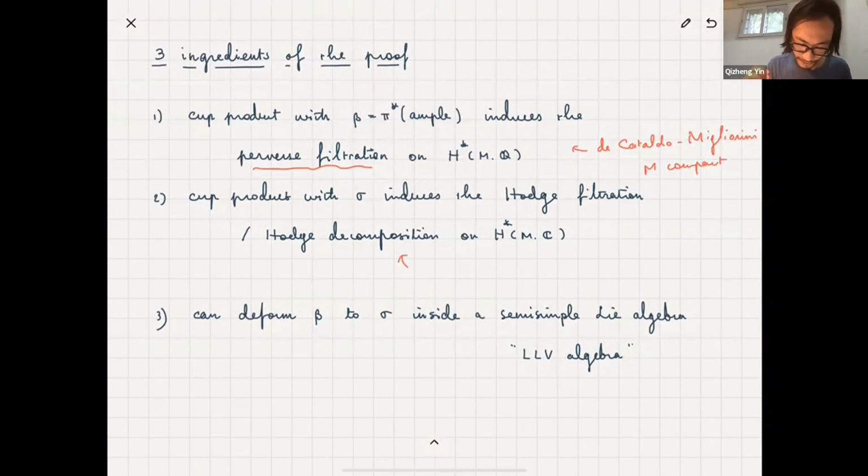M has to be compact and also hyperkähler. This is the result of Verbitsky, and the key is that it has to use the hyperkähler metric.